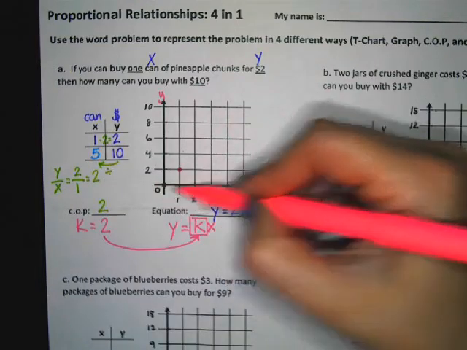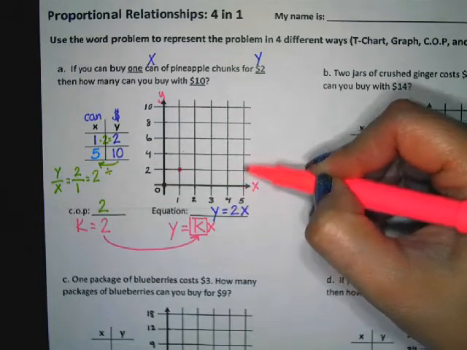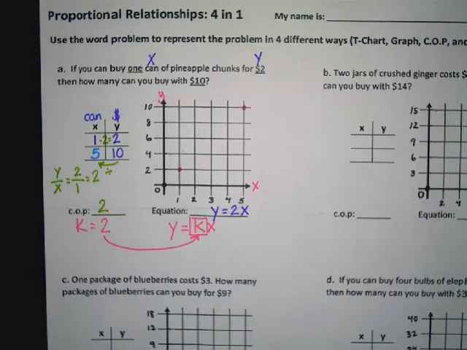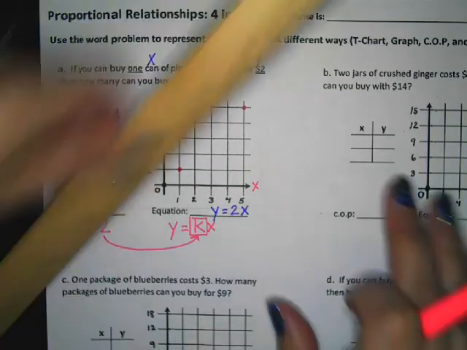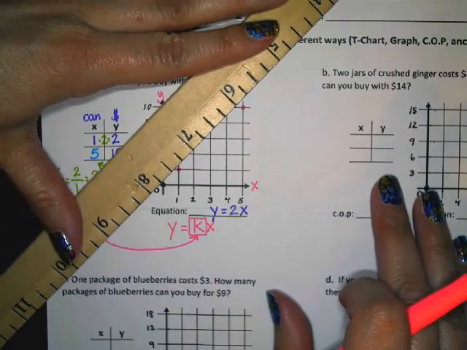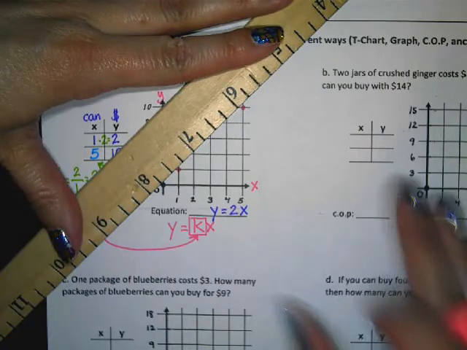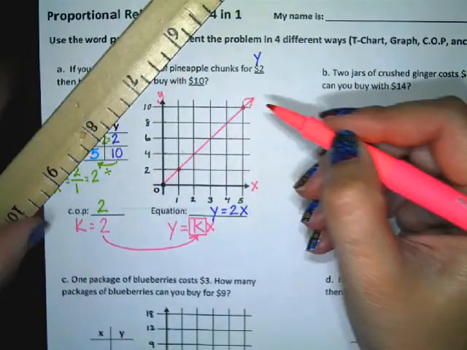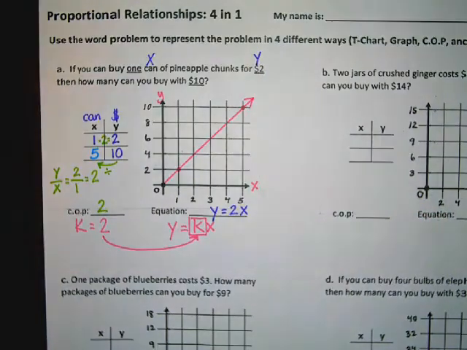So we're going to go all the way over to 5 and then up to 10. And then from there, we can go ahead and draw our line. So use a straight edge to make it nice and neat. And here is our graph. So you're going to have to do that for every single problem. You do all of those steps.